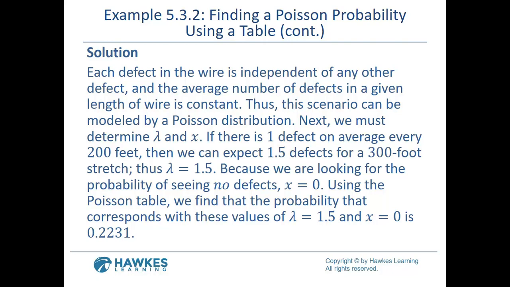So first, let's go with lambda. If there's 1 defect on average every 200 feet, then we can expect 1.5 defects for a 300-foot stretch. So our lambda will be 1.5.